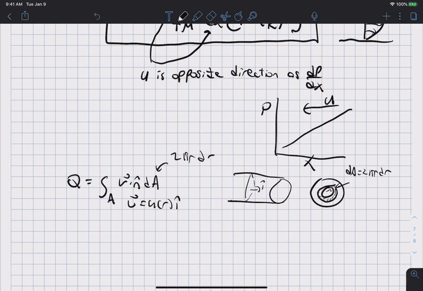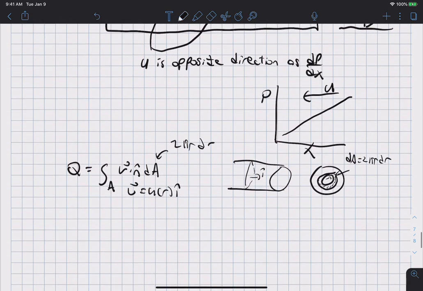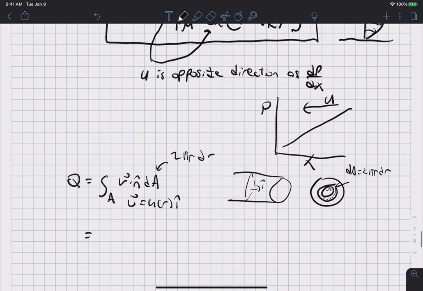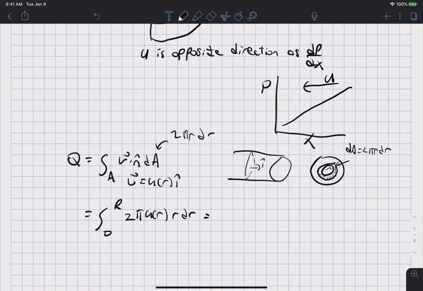And so for this we use the u of r that I derived in the previous video. If we stuff that in, this equals the integral from 0 to R of 2 pi u of r r dr, and we stuff in what u of r is.